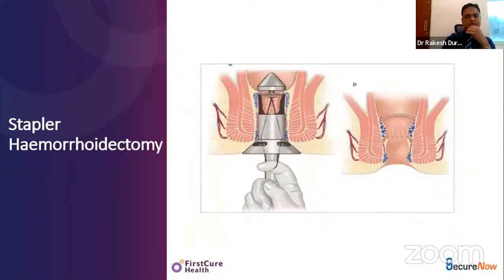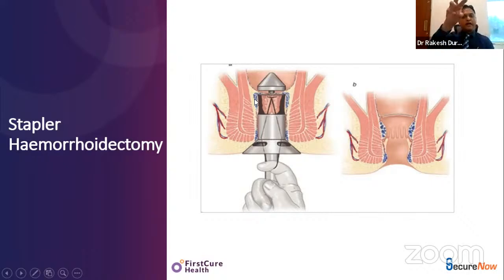Let's go on to each of the surgical treatments in a very short way. You see in the first picture A, this is the hemorrhoidal gun that we have put in. We take a purse-string suture and take away all the hemorrhoids. So we are not attacking the external hemorrhoid or the internal hemorrhoid.